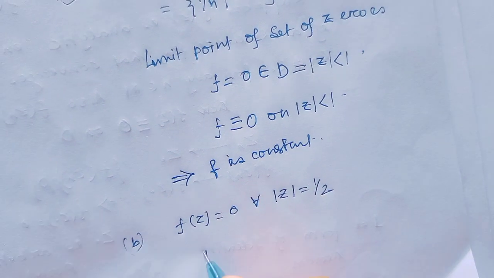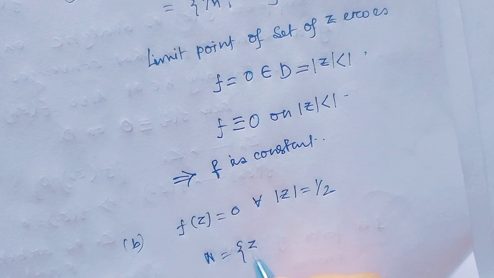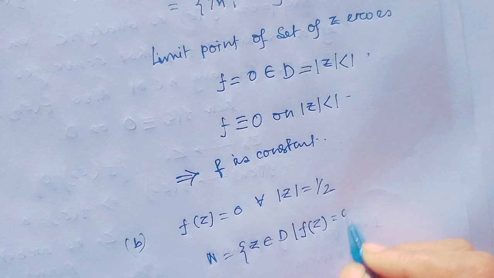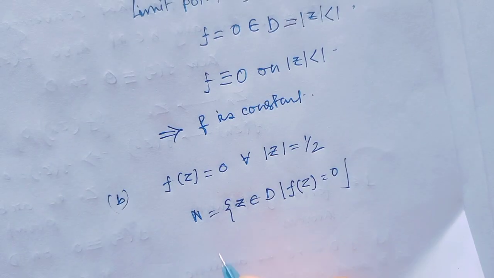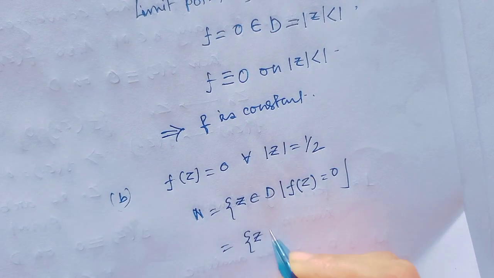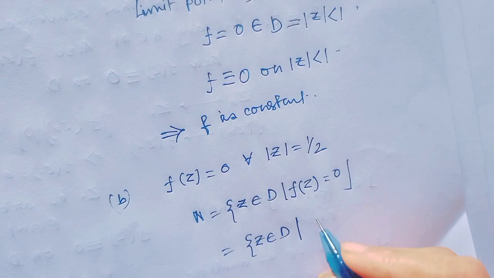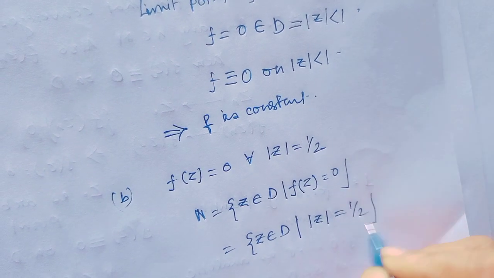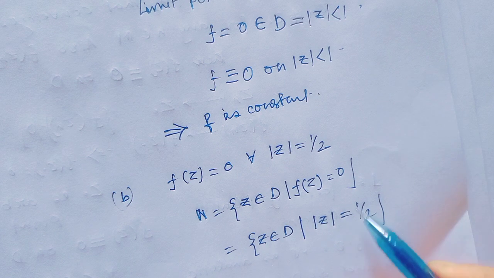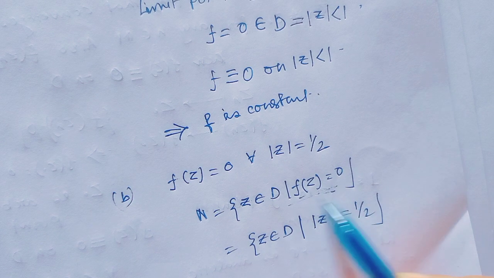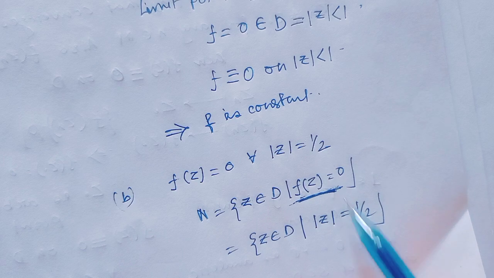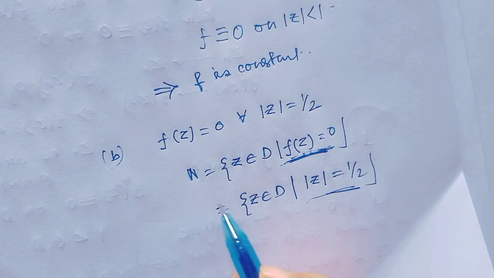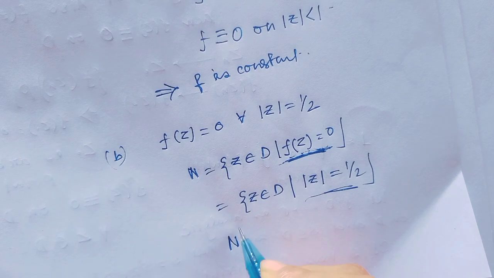Here the set of zeros is the set of z belonging to D such that f(z) equals 0, and this is nothing but the set of z belonging to D such that modulus of z equals half. On this set, this is the zero set, and the limit point of the zero set means the limit point contained in D.